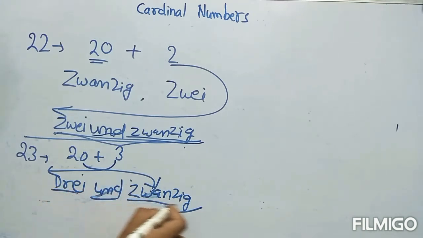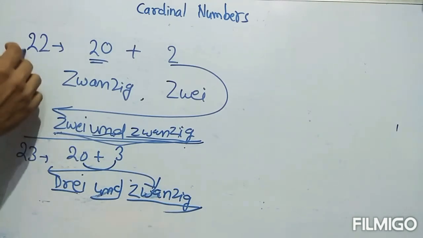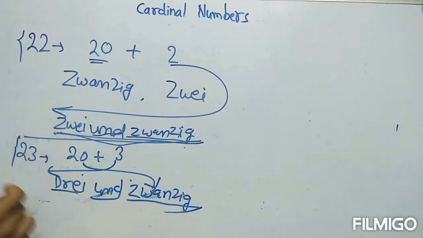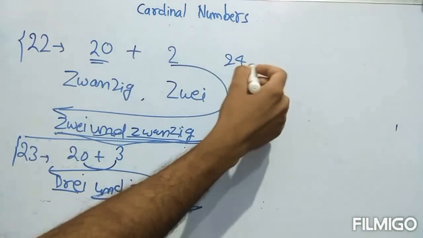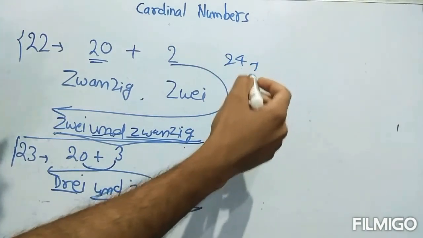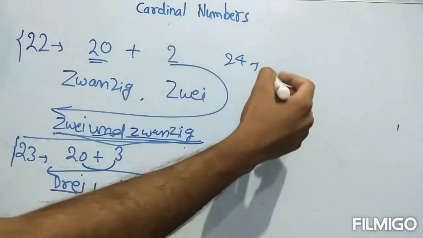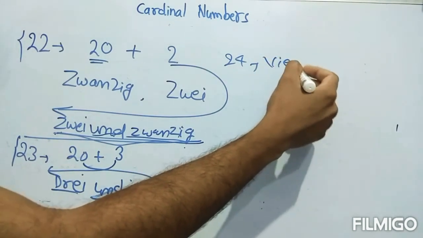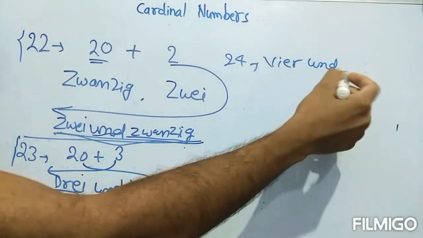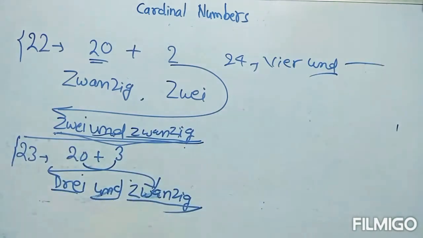Drei und zwanzig. So just like 21, 22, 23, 24 also: 4 is vier und zwanzig. This is how we do it up to 29.